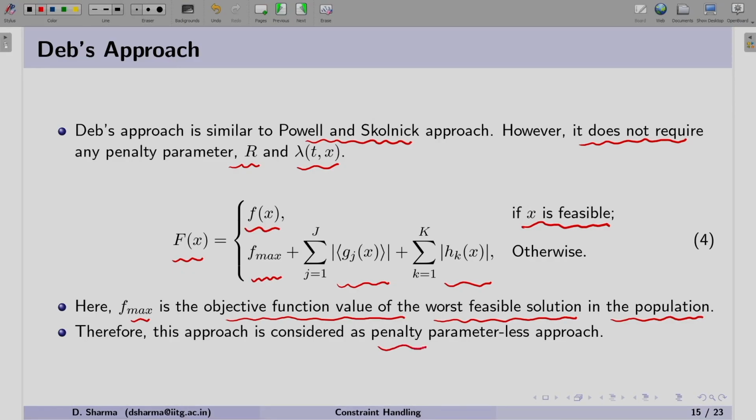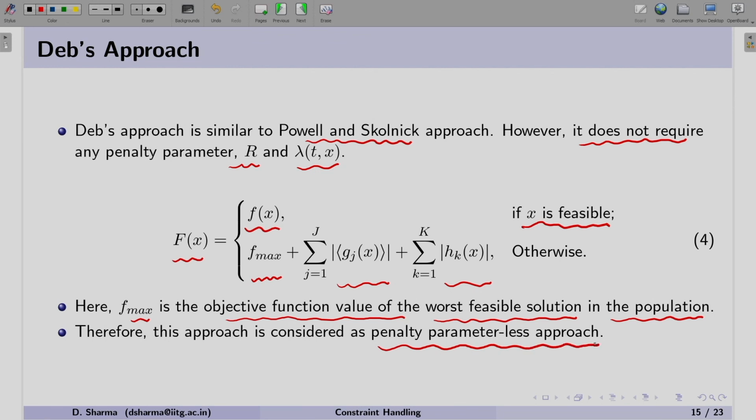As and when we get the F max value, we add the constraint violation to it, and that constraint violation is without a value of r. So, in this particular formulation, you can see that we have not used any penalty parameter called r. Therefore, this approach is also known as the penalty parameter-less approach.